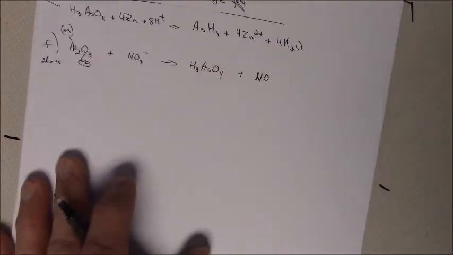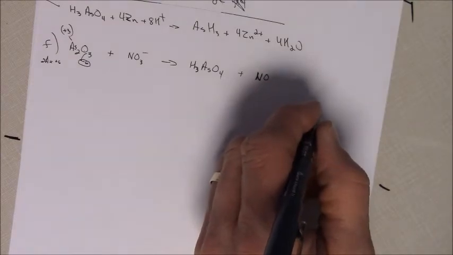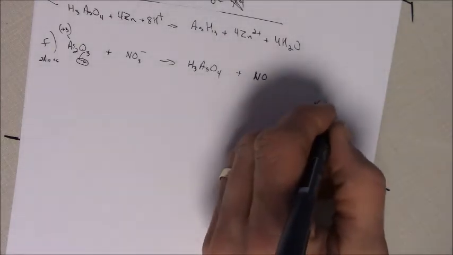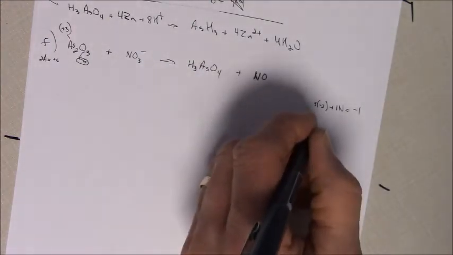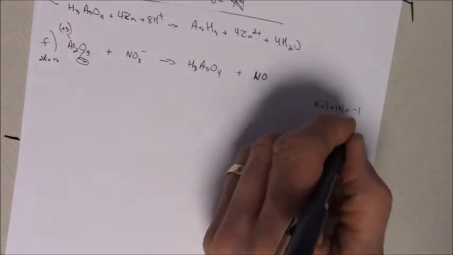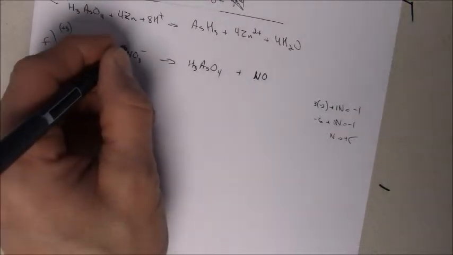So NO3. We could say 3 -2 oxygens plus 1 nitrogen equaling a -1 charge overall. So -6 plus 1 N equals -1, bring it over, equals +5.